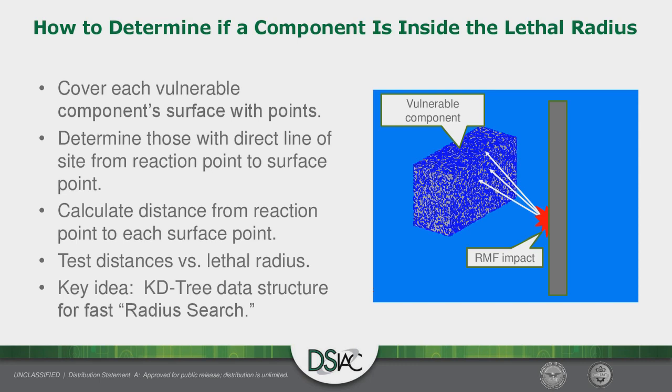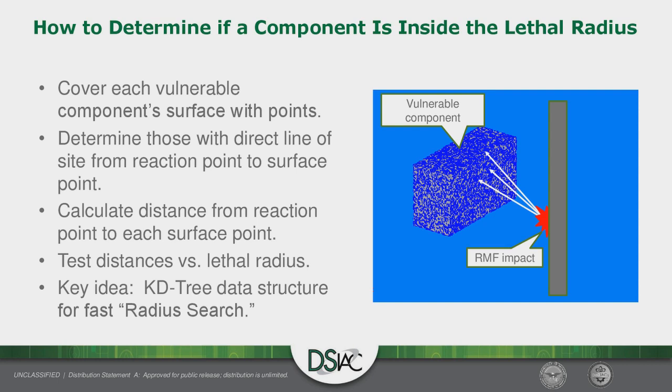All right, so how to determine if a vulnerable component is inside the lethal radius? Well, this is a technical problem in the endgame itself. And so I'm doing the simplest possible thing. I'm going to cover the surface of each vulnerable component with points.